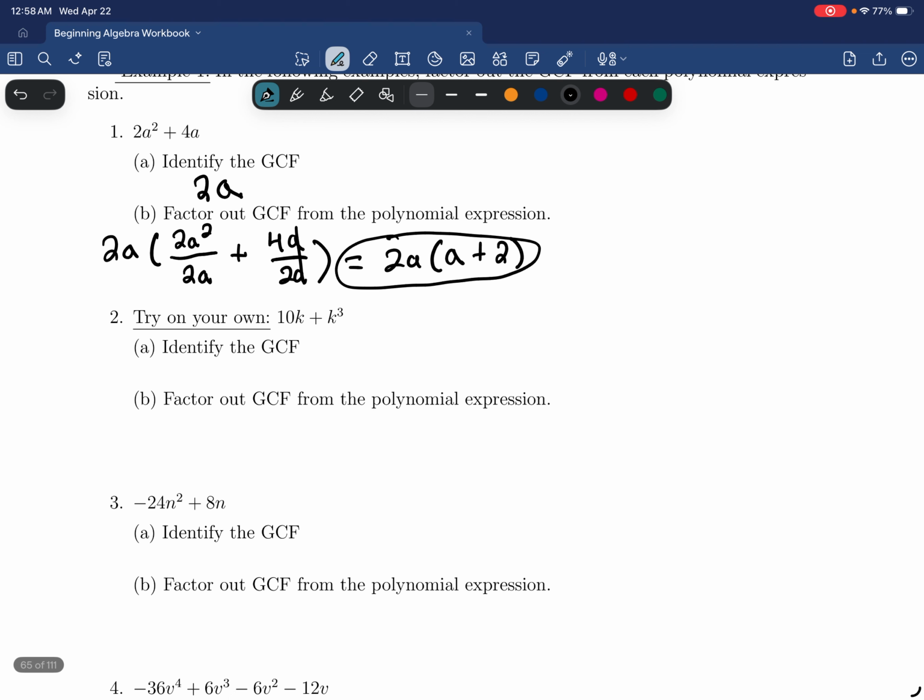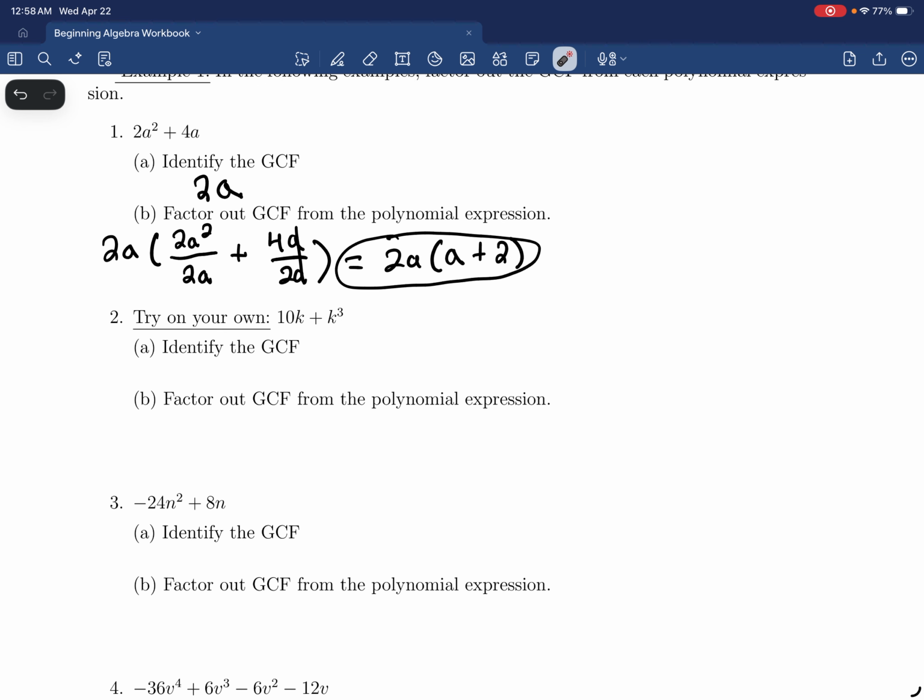Try example number 2 on your own, doing the same exact steps we did before. Assuming you have given it a go, let's go through this together. The greatest common factor in this case won't have a coefficient out in front like the first example, because the second term doesn't have a coefficient. Technically it has a coefficient of 1, but it won't help us to factor out a 1.